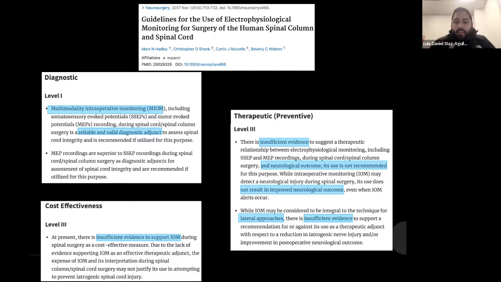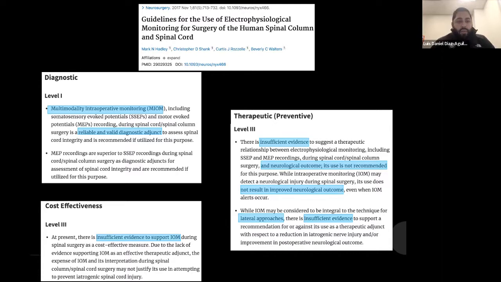And that in and of itself, I feel with enough data, will lead towards a hopeful documentation within the literature that there is a very clear and significant benefit to the use of electrophysiology, at least within the lateral approach.